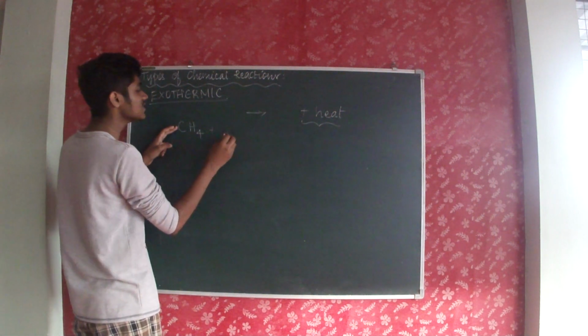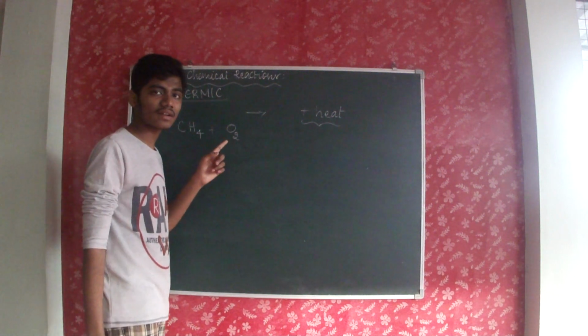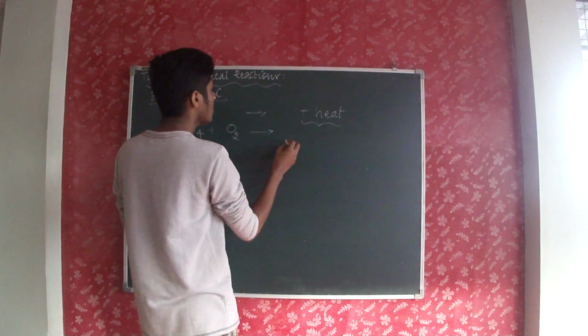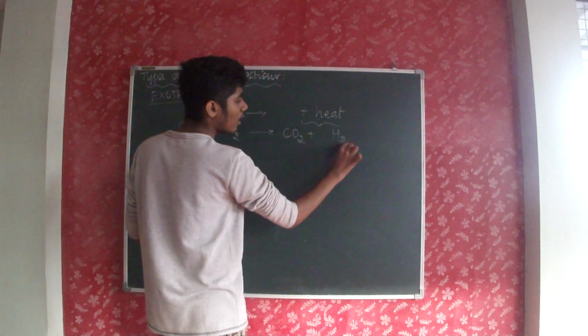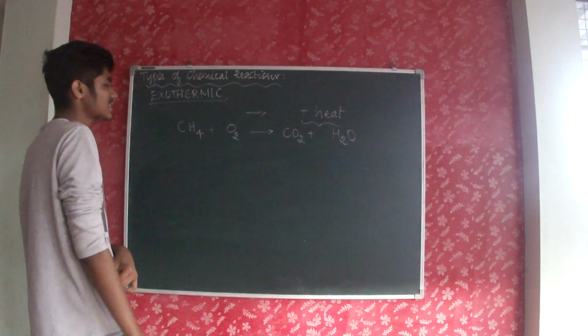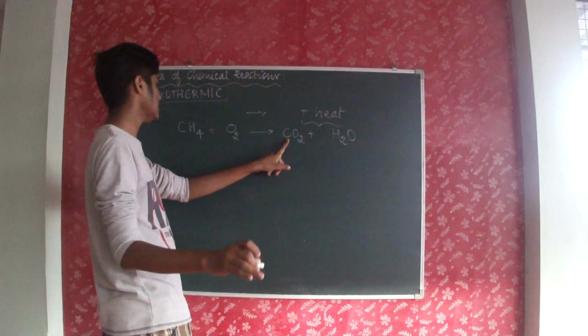Methane, when it reacts with oxygen, that is combustion, burning, the products are carbon dioxide and water. Has this equation been balanced? Shall we check? Carbon 1, carbon 1, balanced.